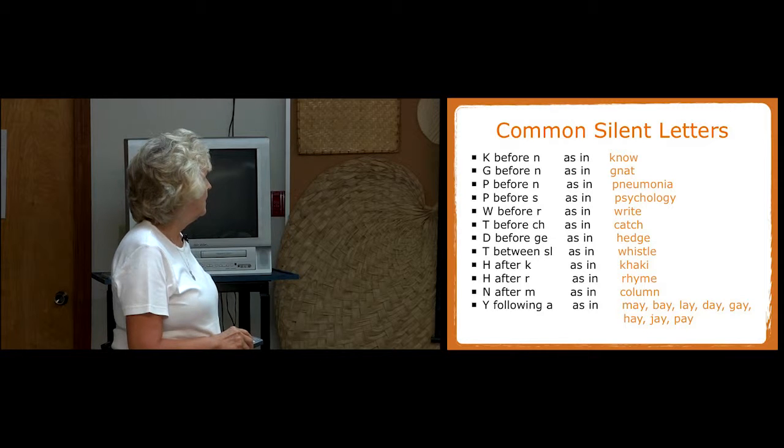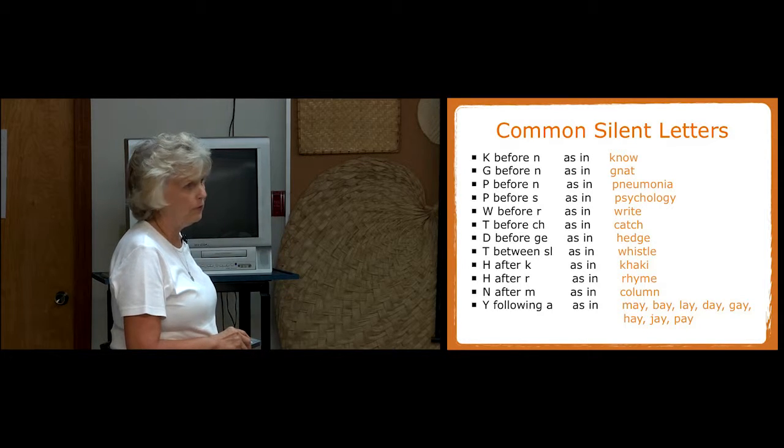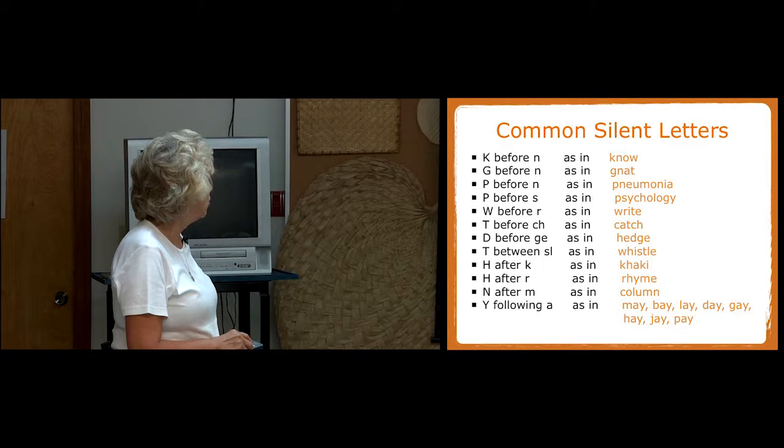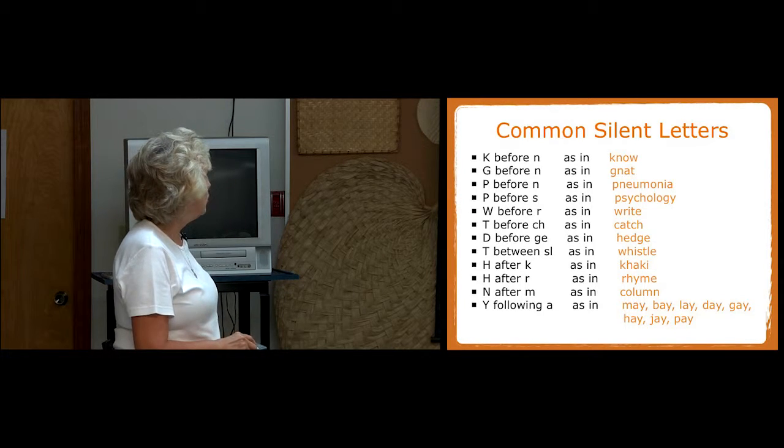Oh, in this one, psychology, have to remember to put the P. Right, remember to put the W. Catch. Oh, that's okay. Catch is a T and then the TCH.